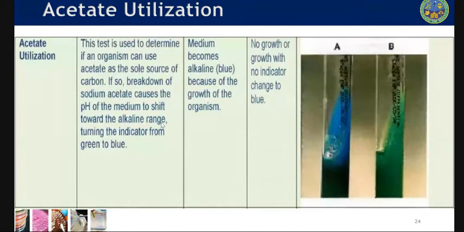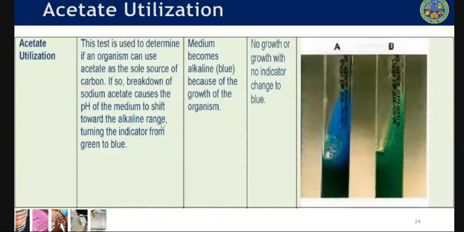Again, in a test system, as I always reiterate, always include a positive and negative control strain, as well as an uninoculated culture media, to test really if your biochemical test is working properly.